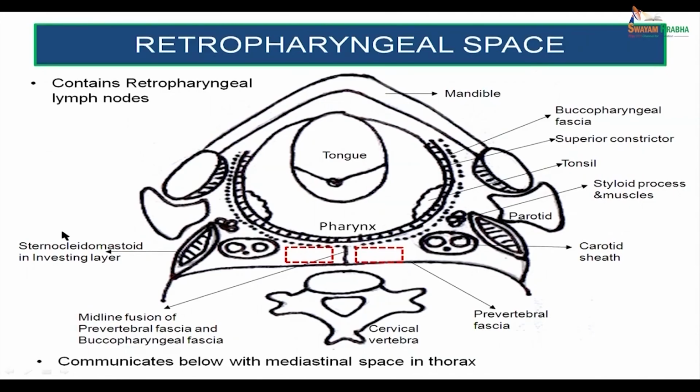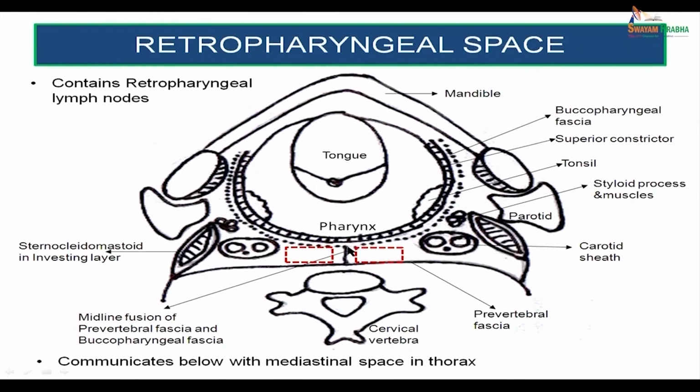Let us understand this diagram first. Here we have the cervical vertebra. In front of the cervical vertebra, we have the prevertebral layer of fascia, and if we remember, the prevertebral layer attaches in the midline to the buccopharyngeal fascia. So, we can see it here attached.